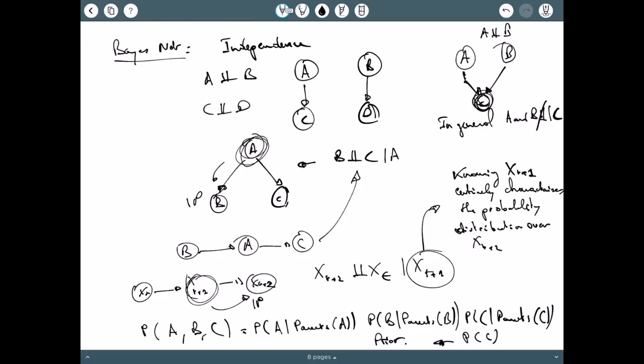That is to say, if we don't have any information given to us by measurements or observations, that's just the prior belief we have about C.